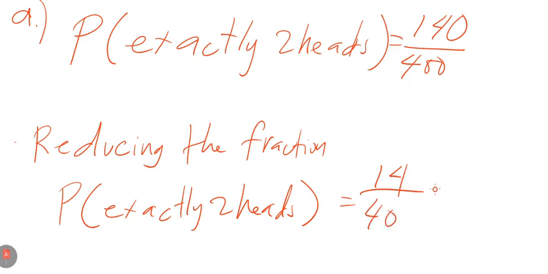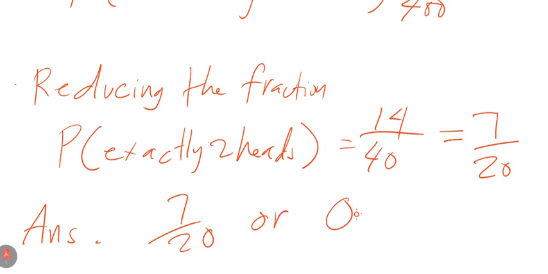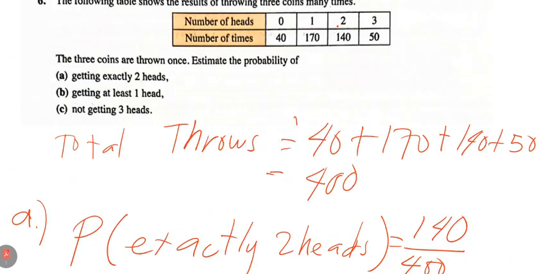We can still lower that one, and that is going to be 7 over 20. Now, the answer for A is 7 out of 20, or using our calculator, that would be 0.35.